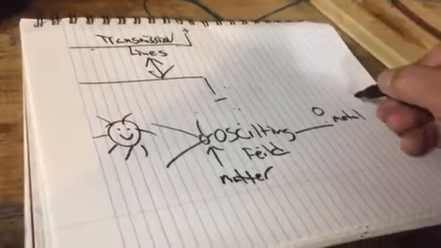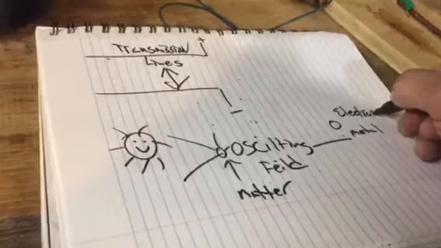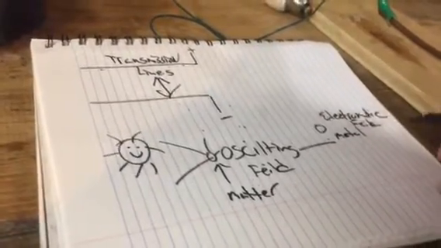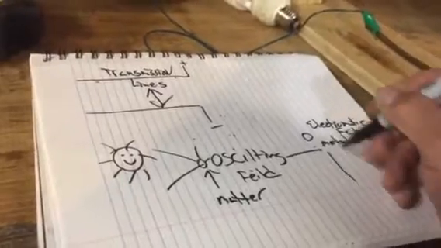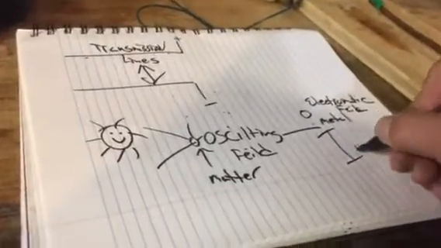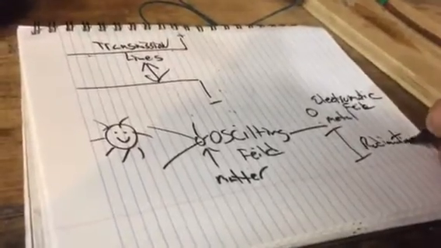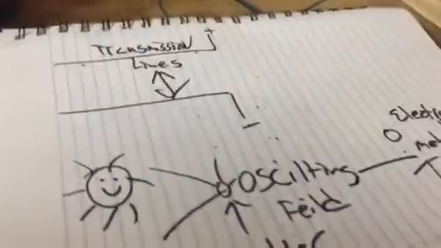You're going to get an electromagnetic field. And what's going to happen from there? It's going to produce radiation. Okay. So, yeah, bam. It dawned on me.